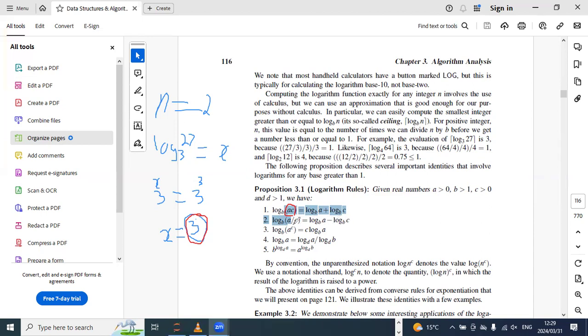If A is to the power of C, you take C to the front, and then log base B of A. And for change of base, you divide log of A base D by log of B base D.